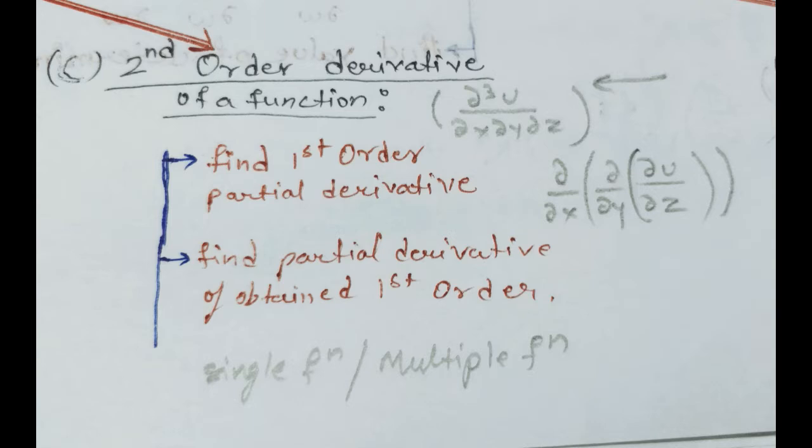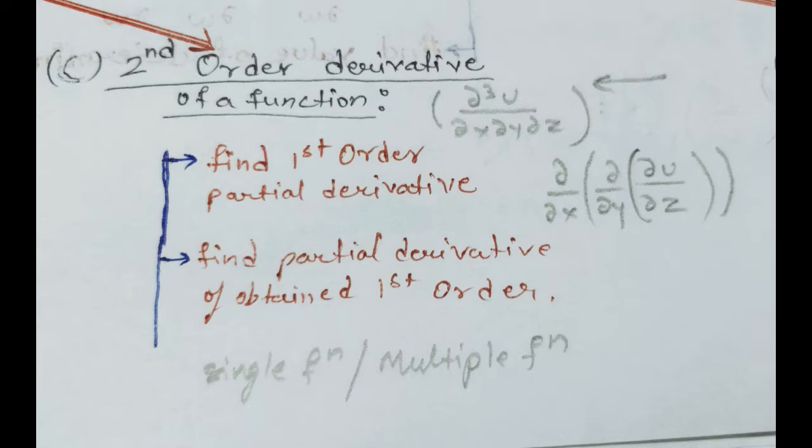Now here I am representing that ∂³u is a function of ∂x, ∂y, ∂z. For such sums, we first consider the rightmost derivative. Like first we will differentiate u with respect to z, then by y, then by x.